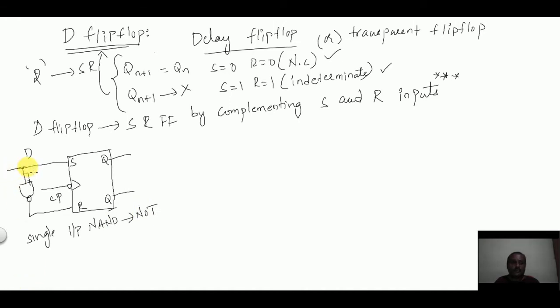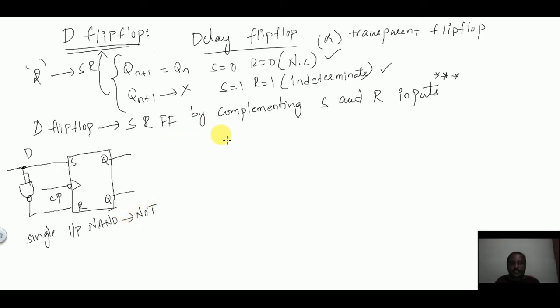So when you pass the input through the inverter, S and R inputs are complemented to each other. This is how a D flip-flop is formed from SR flip-flop, and it is the easiest way to understand its operation.